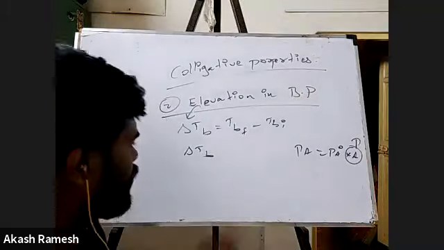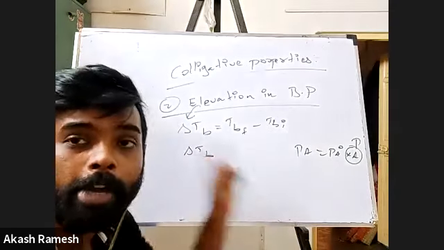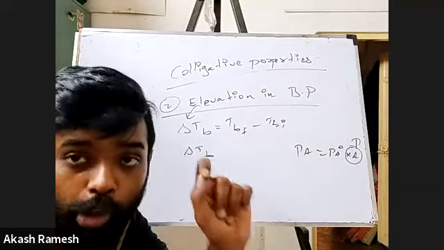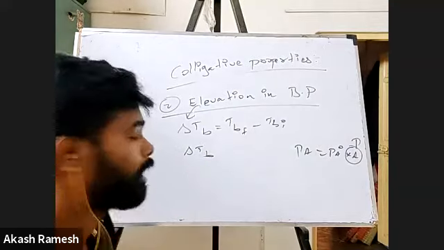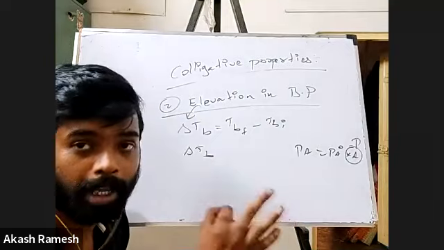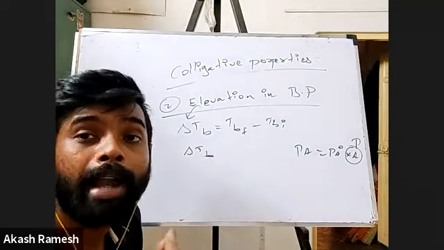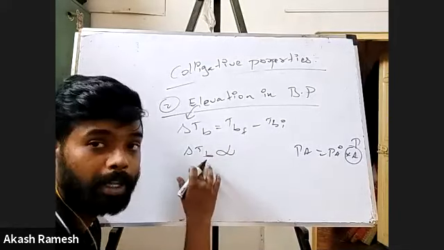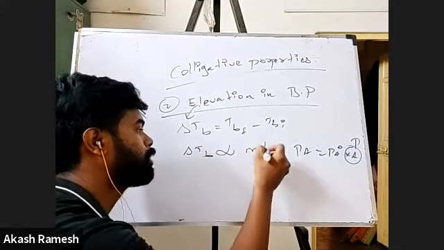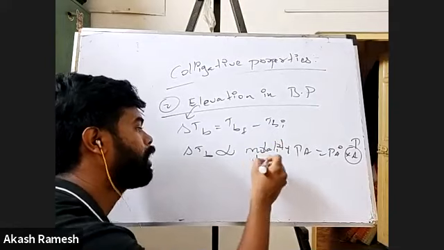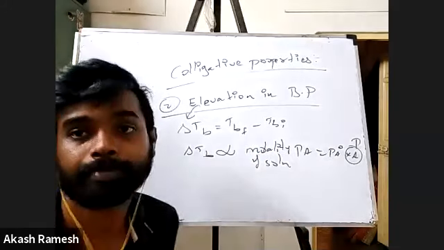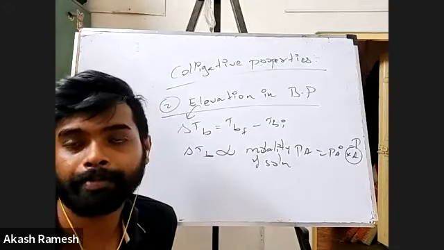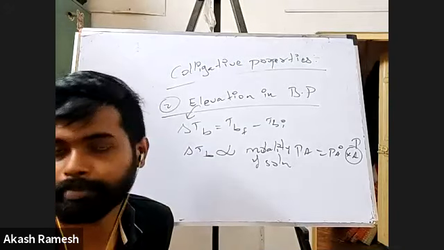So we can easily say that delta TB is directly proportional to the amount of solute present, right? Now that amount, we are going to take as molality. So delta TB is directly proportional to the molality of the solution. Obviously, molality talks about how much solute is there. We know the definition, right?